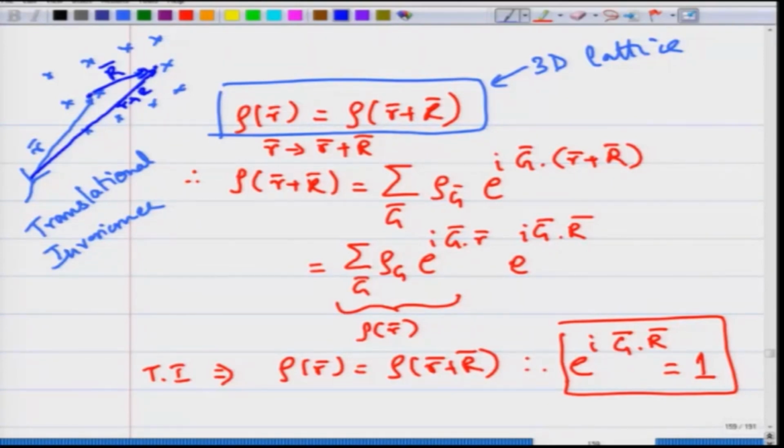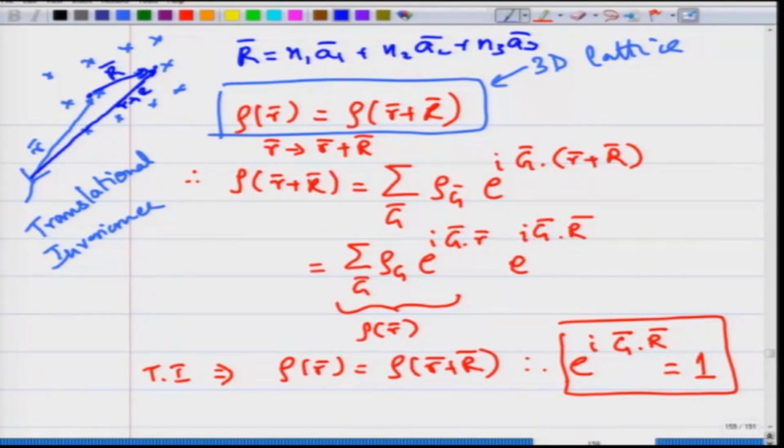This then satisfies the condition of a Bravais lattice, where this vector R is n1 a1 plus n2 a2 plus n3 a3. This is your translation vector R of the lattice. n1, n2, n3 are the indices or the components along a1, a2, a3, which are the fundamental translation vectors of the lattice.